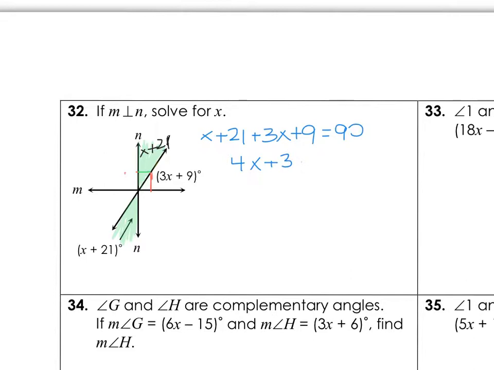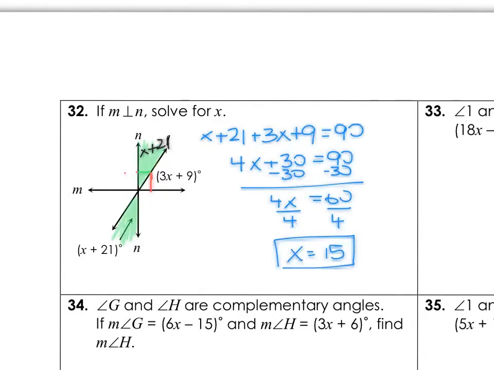Combine like terms. Subtract 30. Divide by 4.